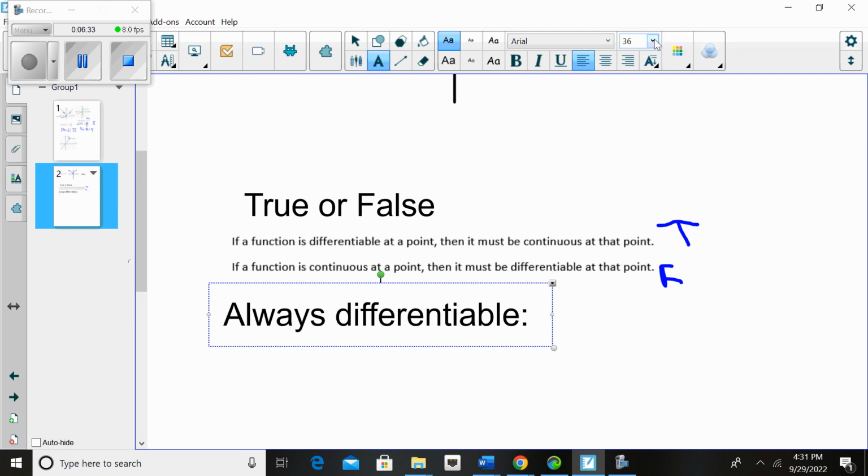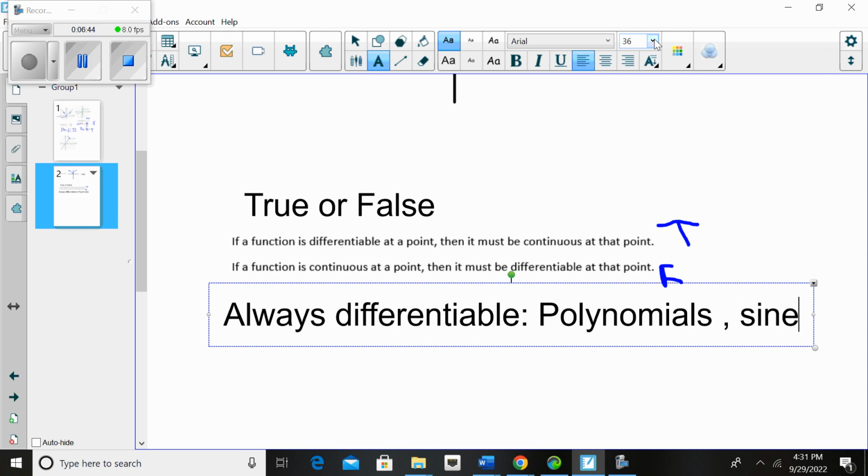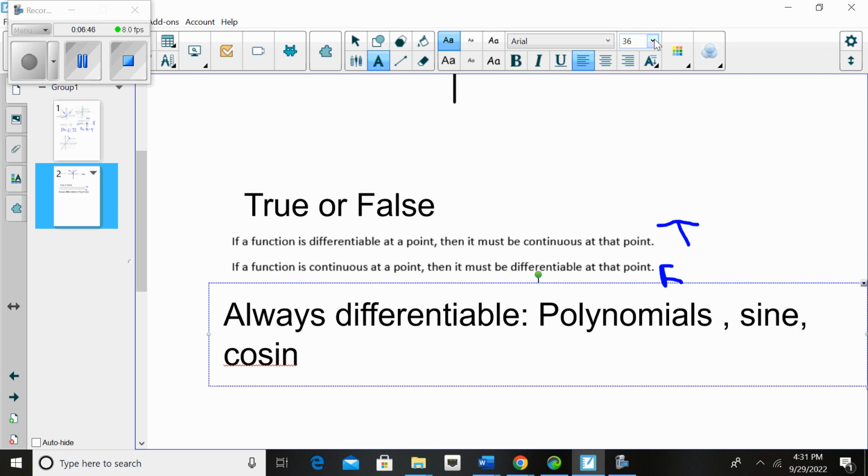Polynomials are always differentiable, no matter what, because they're nice, smooth, flowing curves. Sine and cosine are differentiable everywhere. That's all I can think of as far as generalizations, because for other functions we have to watch for discontinuities, or as we just saw, we have to watch for sharp corners or cusps or vertical tangent lines.